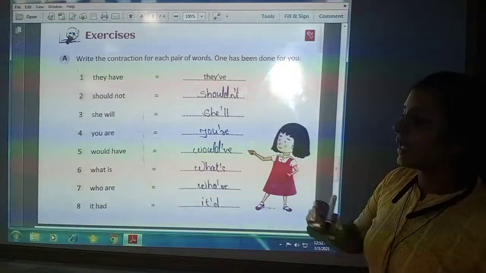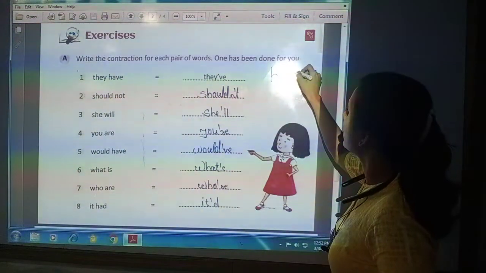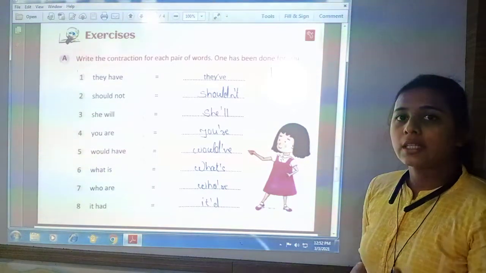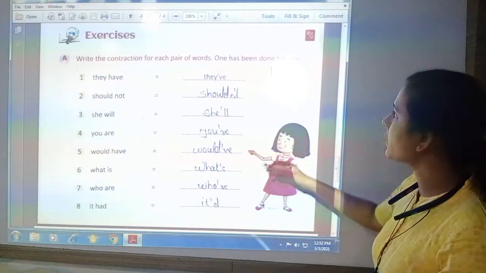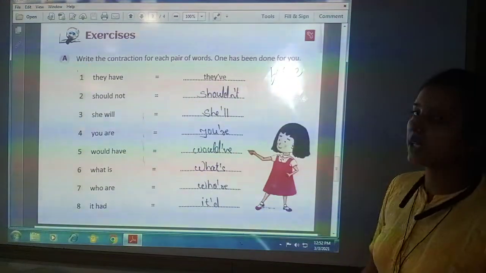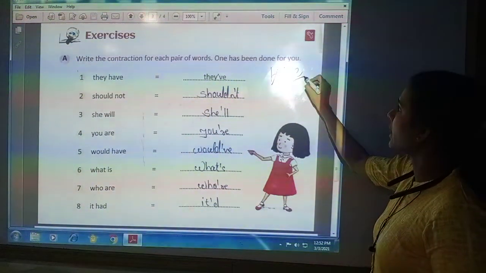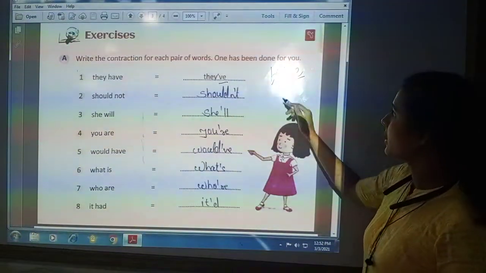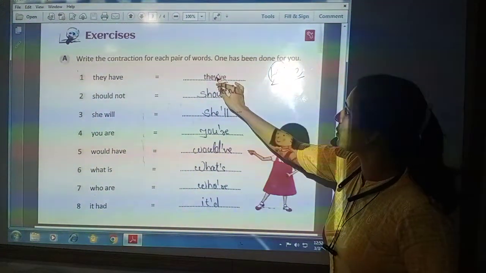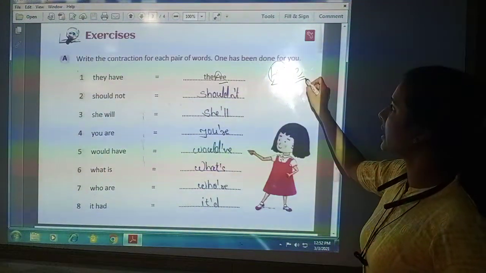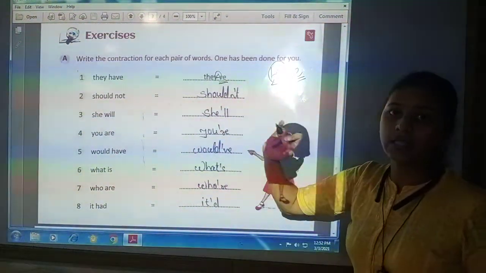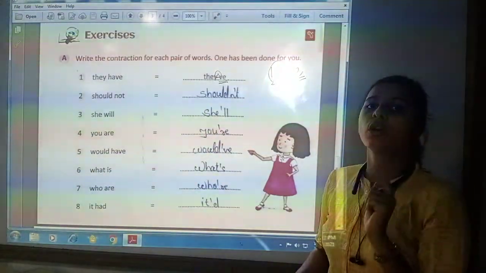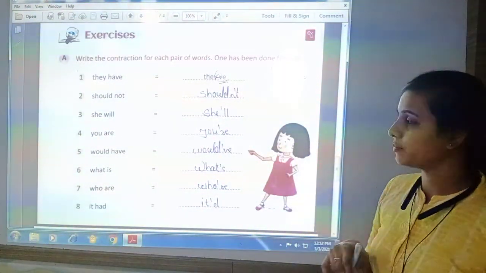We know when we are writing a contraction, when the second word is have, we will remove the first two initial letters and the remaining letters will be kept. The first letter will be as it is. Where you are removing the letters, there we will put an apostrophe, and the remaining letters will be kept as they are. So they have will become they apostrophe ve, they've.